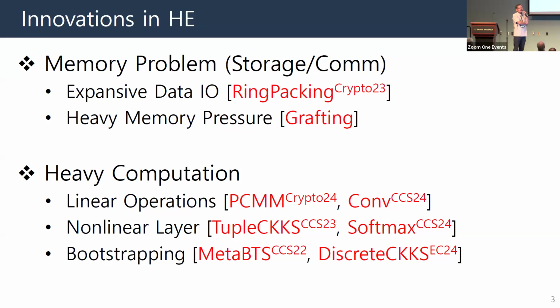For this one, plaintext-ciphertext matrix multiplication is now only 3 times slower than plaintext matrix multiplication. It's amazing, not 3,000 times. It's only 3 times. If you are interested in this, you can attend the talk in Thursday's first session.